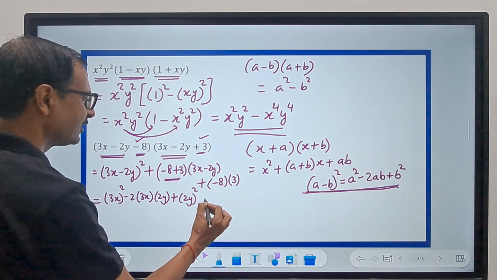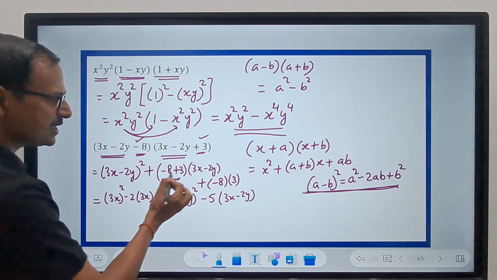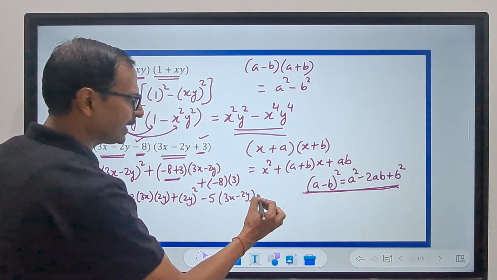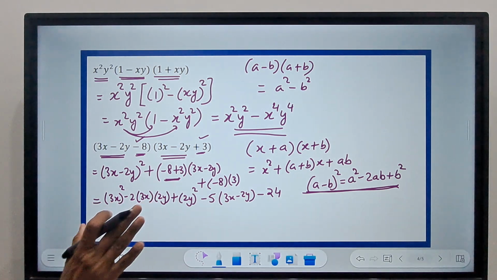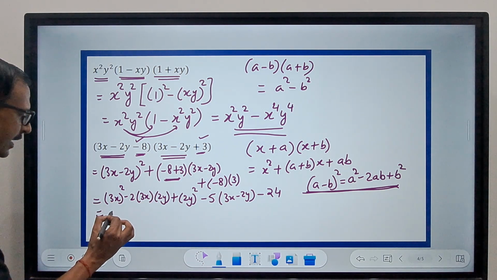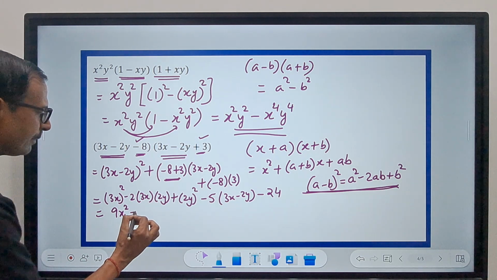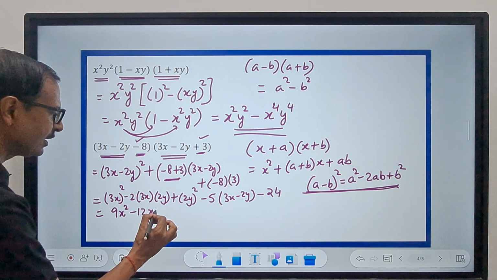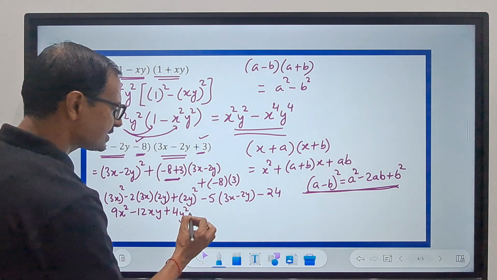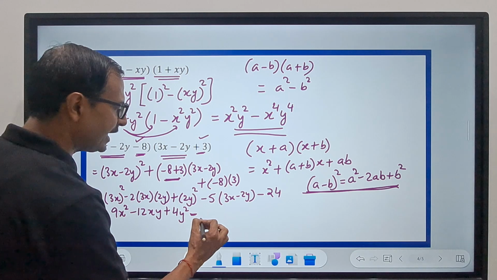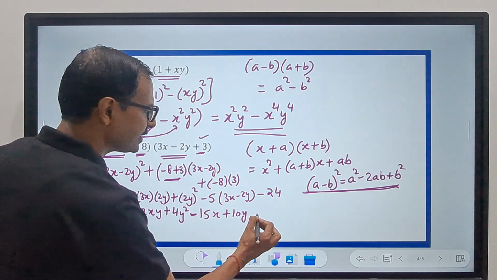So minus 5 times (3x minus 2y), this part, and then plus, minus 8 3s are minus 24. And now the next step will give me my answer. This is 9x square, and this, if you multiply these three, you get minus 12xy plus 4y square, minus, I am opening this bracket, 15x plus 10y, and minus 24.